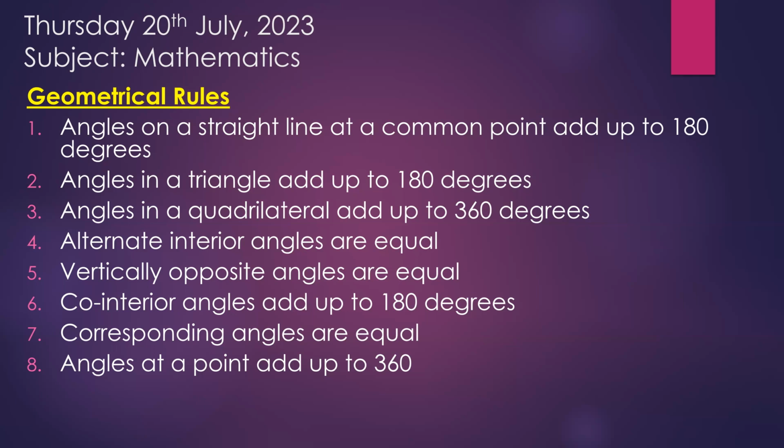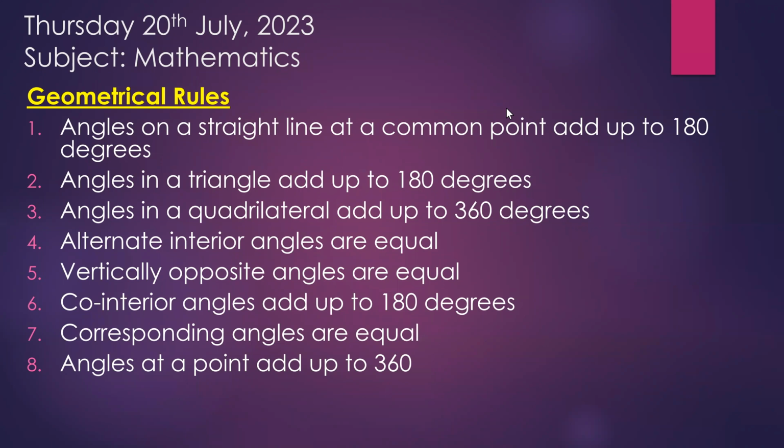Number 4. Alternate interior angles are equal. Number 5, vertically opposite angles are equal. Number 6, co-interior angles add up to 180 degrees. Number 7, corresponding angles are equal. Number 8, angles at a point add up to 360 degrees. Very good. Those are our 8 geometrical rules.